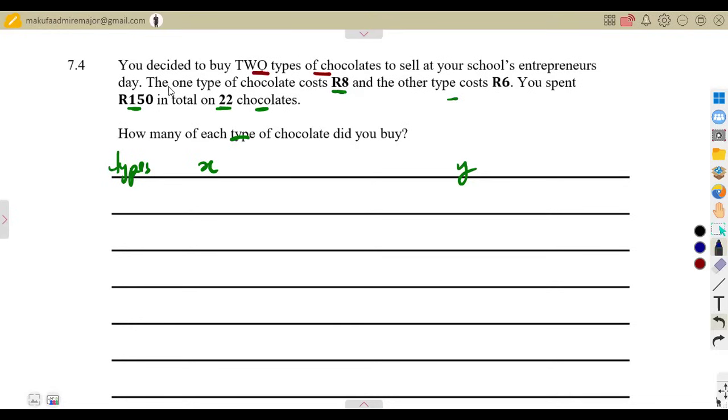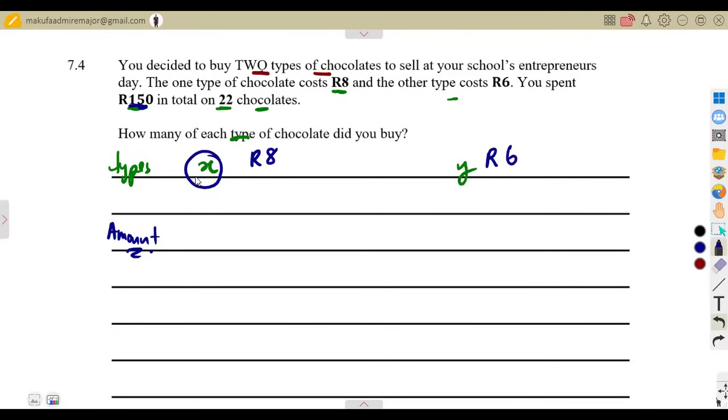So let's do this. We have an equation in terms of the amount you spent, 150. Let's talk about an equation about the amount of money which was spent. You have 150. Let's say this is the first type, which costs 8 Rand, and the second type is the one that costs 6 Rand.